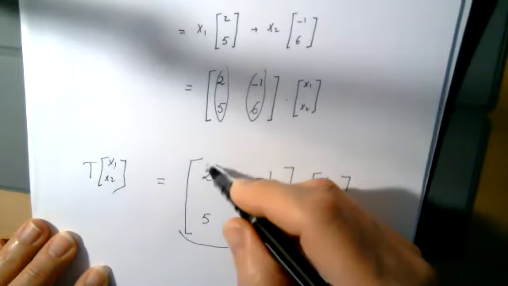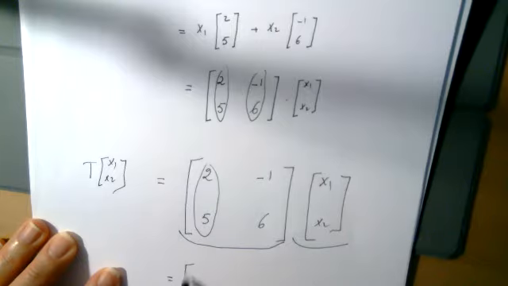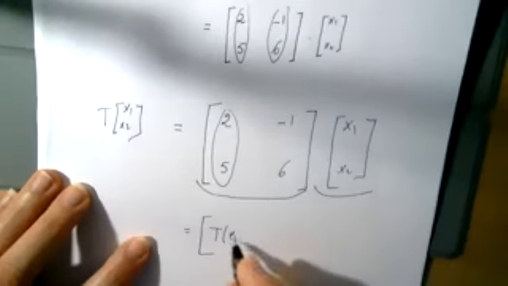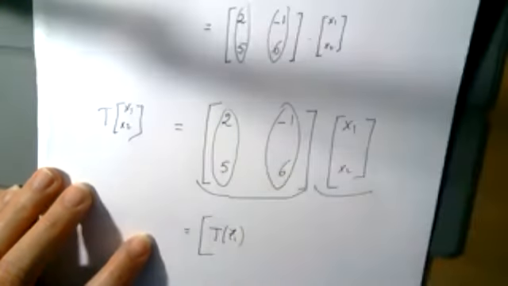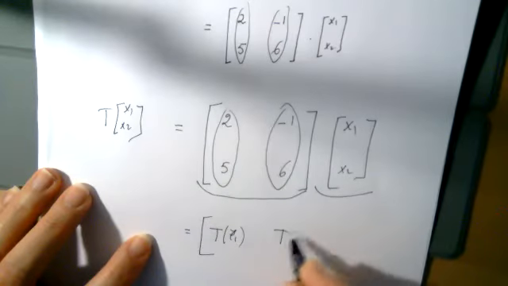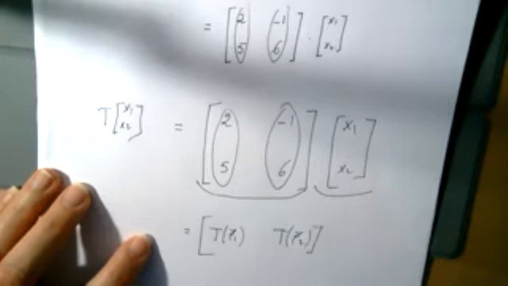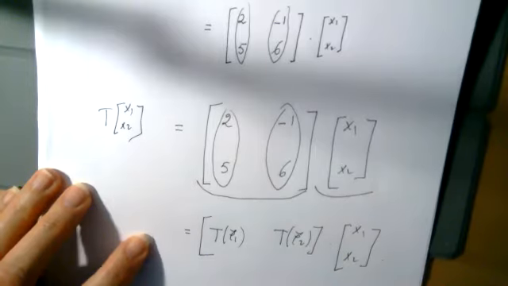What's this matrix? The first column of the matrix is nothing more than T of E1. The second column of the matrix is nothing more than T of E2. And this vector is x1, x2.